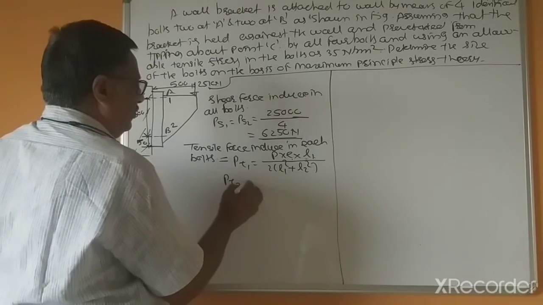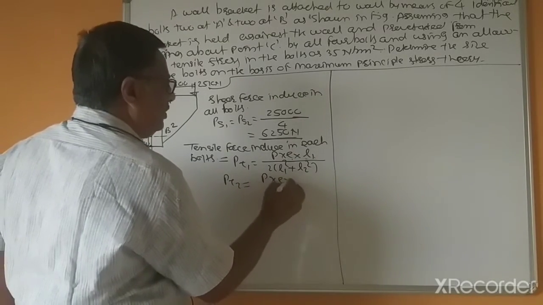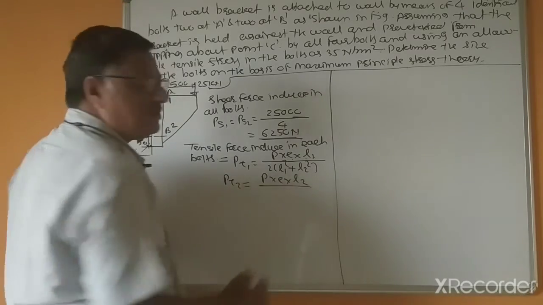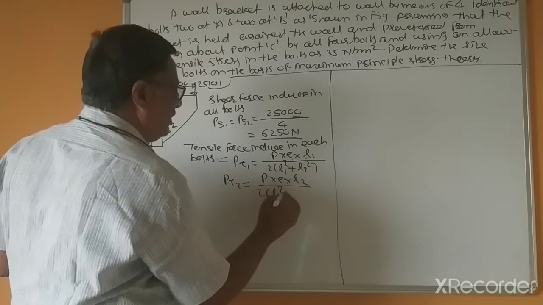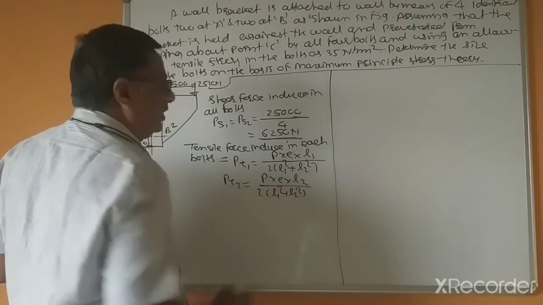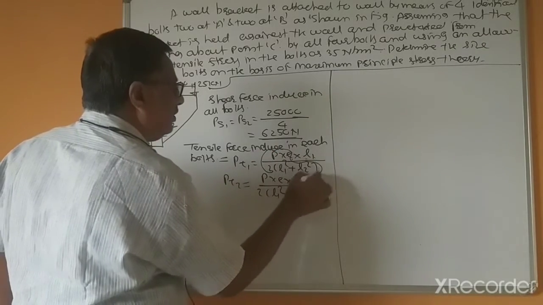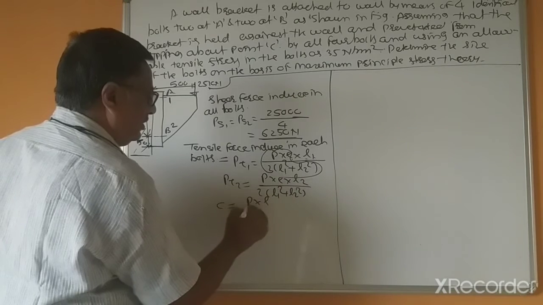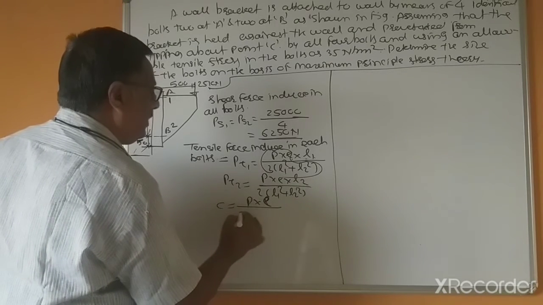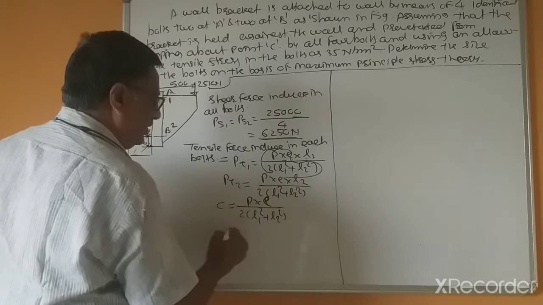Similarly for P2, this is P into E into L2, and this much is the change, divided by 2 into L1 square plus L2 square. What is this? This is nothing but C, P into E divided by 2 times L1 square plus L2 square.